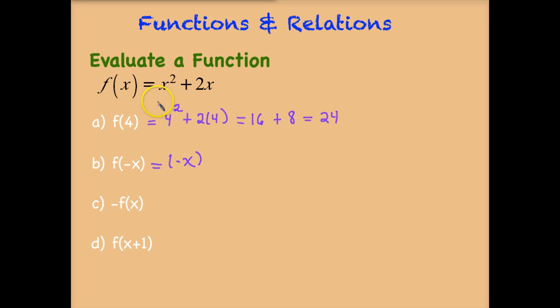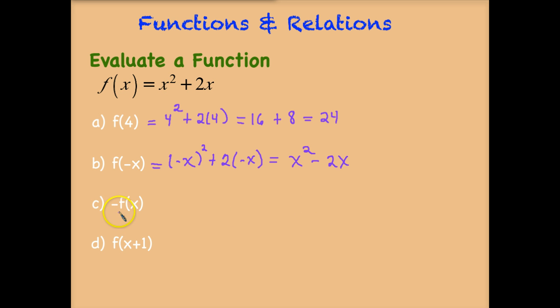If I didn't, that negative would be outside away from the x, and I would square the x first and then multiply by the negative. So because we want x to be negative, I need to put this in parentheses. Plus 2 times negative x. Let's simplify this. Anytime you have a negative number that's squared, you will get a positive number. So we can rewrite this as x squared. 2 times the negative number will get us a negative. So we can write this as negative 2x.